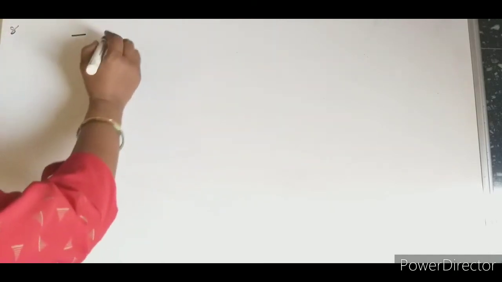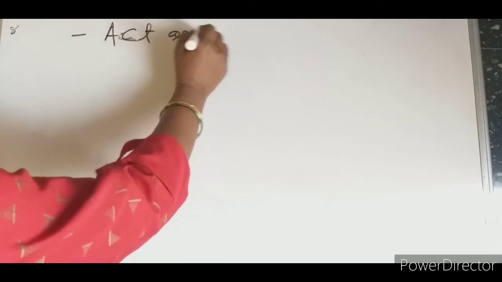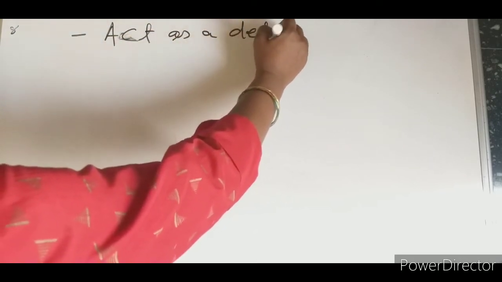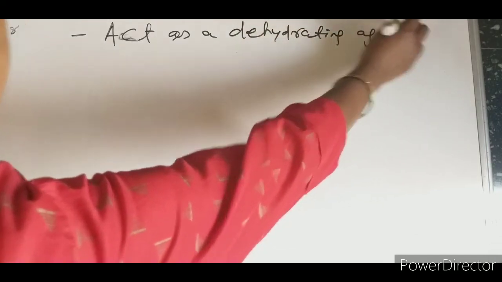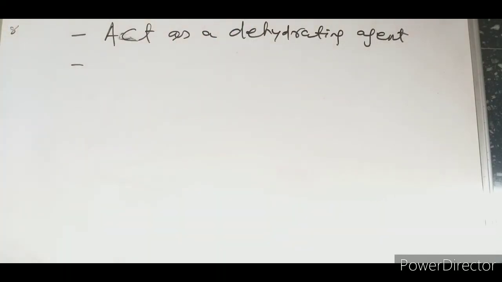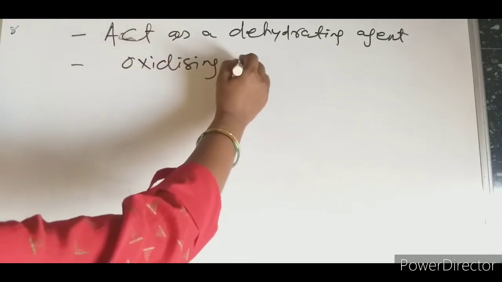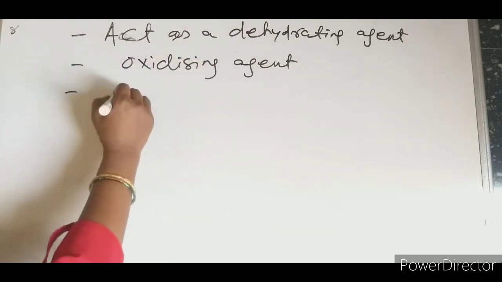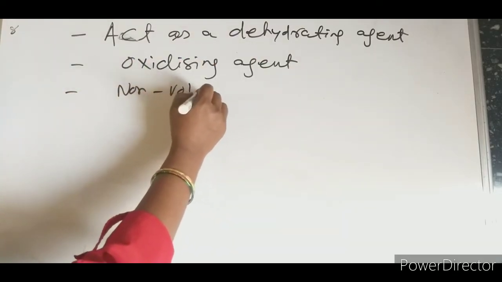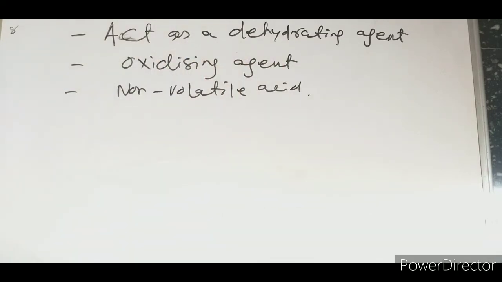One thing will be it acts as a dehydrating agent. Second one, it can be an oxidizing agent. Next, it will be a non-volatile acid. Non-volatile acid. This is a common question in board.